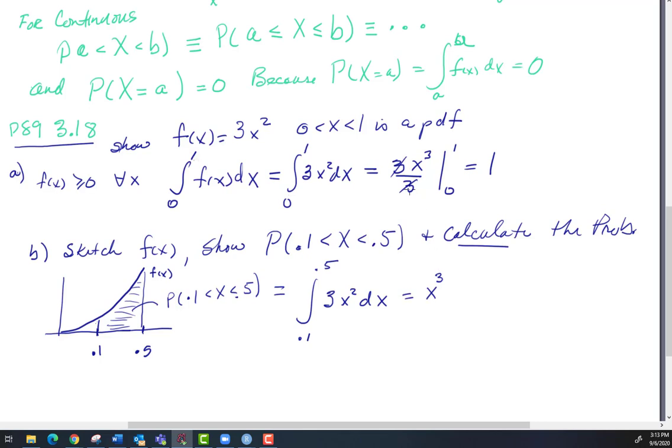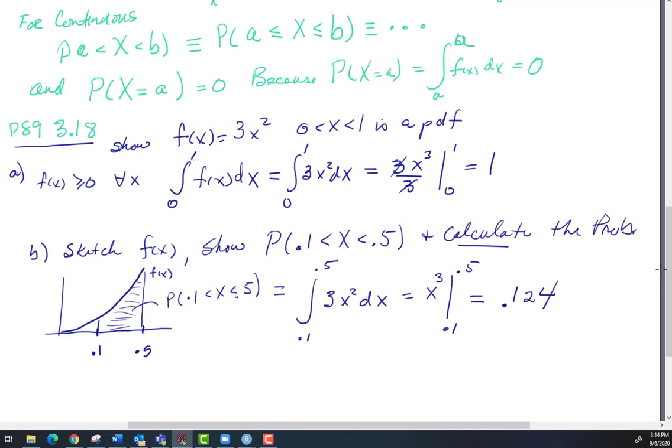We did this just a minute ago. Remember, the 3's cancel out. Between 0.1 and 0.5 is equal to, and it's calculator time, 0.124. So that's the probability.